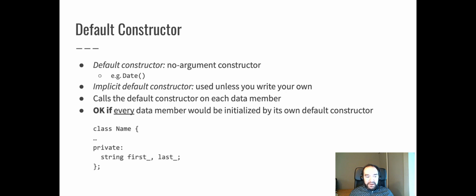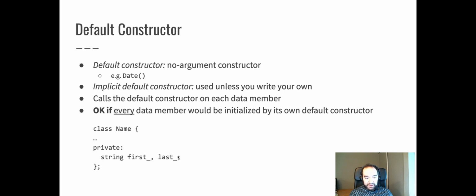For example, if I had a class Name, this is a person's name, and the data members are a first name and a last name with the underscore naming convention. String is a class. I'm using the standard string class in C++, and string has a default constructor that initializes a string to be a valid empty string containing nothing. So the default constructor on first would create a valid initialized empty string.